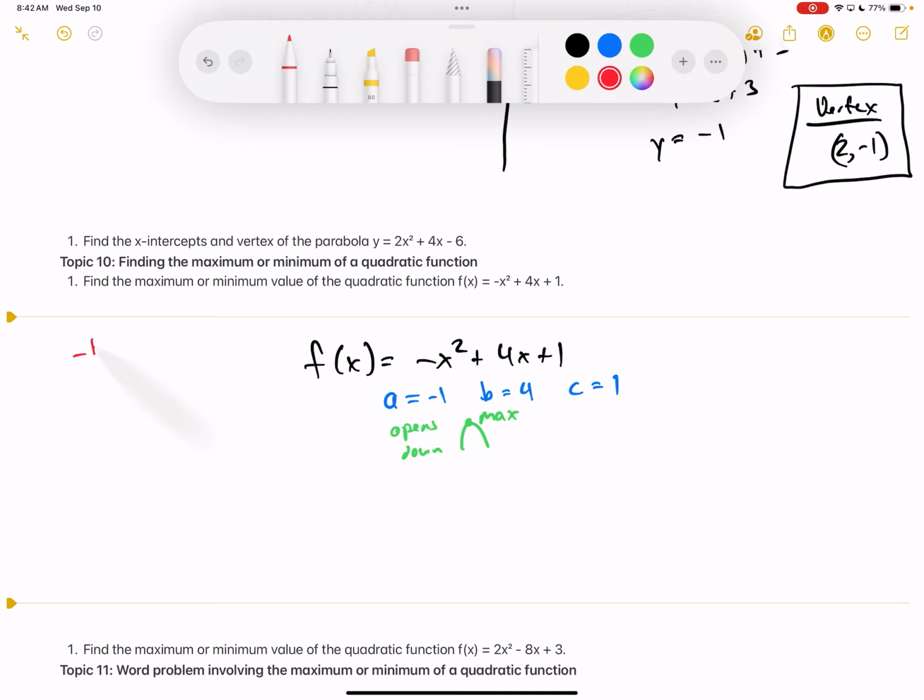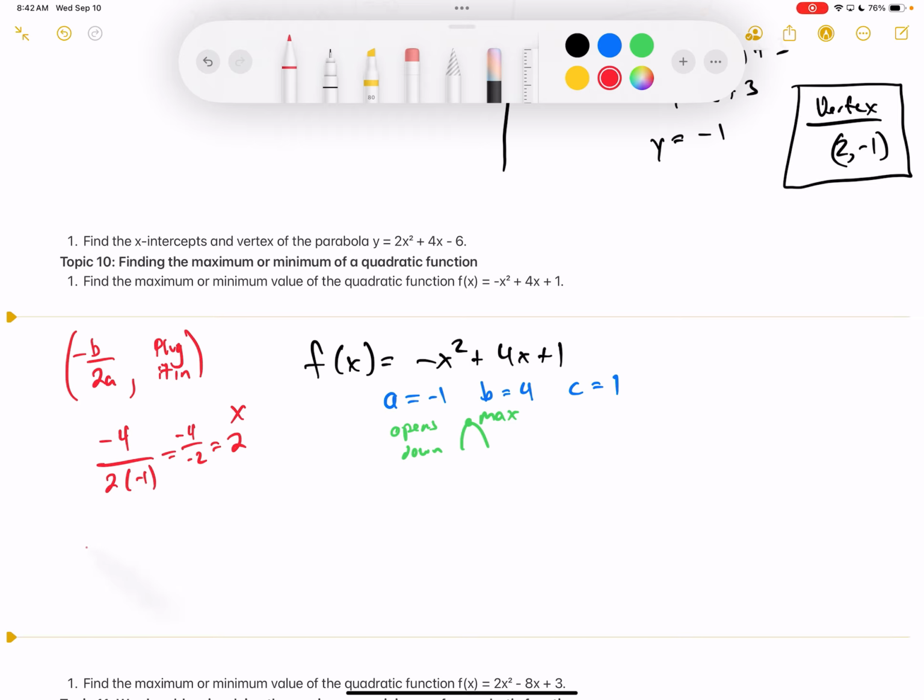So now I go do my vertex. The opposite of B is +4, so it's -4, over 2 times A. This would be -4 divided by -2, which is 2. So that's my x value of the vertex. And then we need to plug in x equals 2.